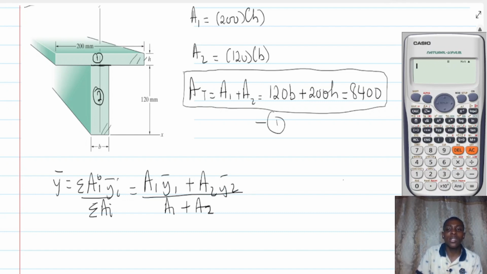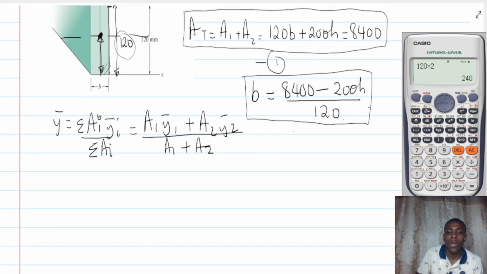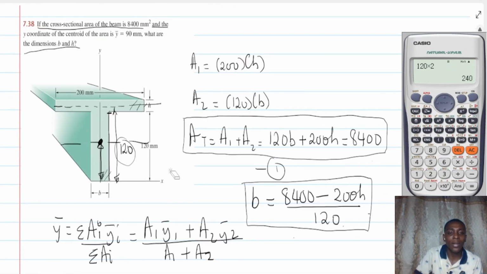Now if we do this, what can we see? We are going to say that y bar is the summation of Ai y bar i divided by the summation of Ai. So let's start from y bar 1. To locate y bar 1, we need to come this way, and this is area 1.